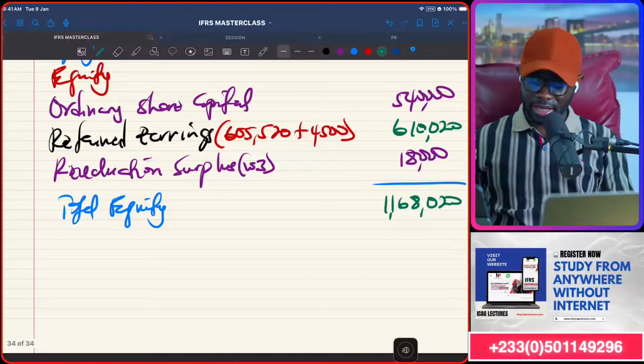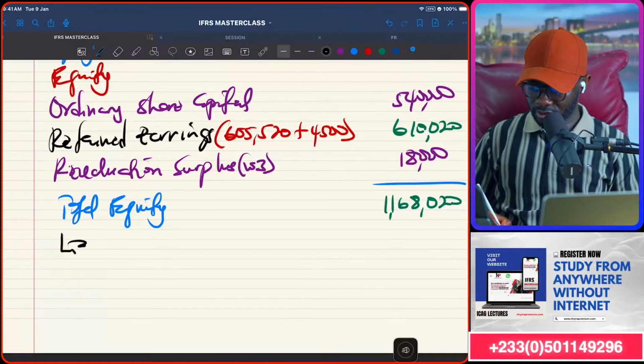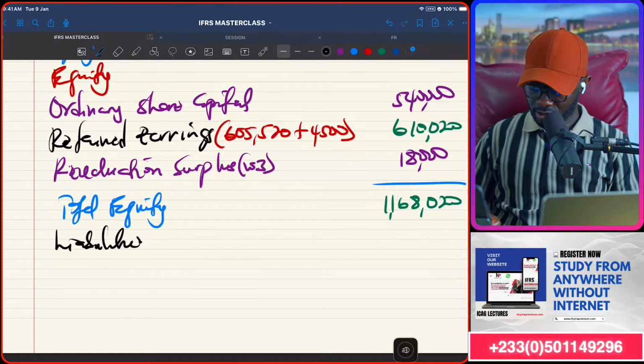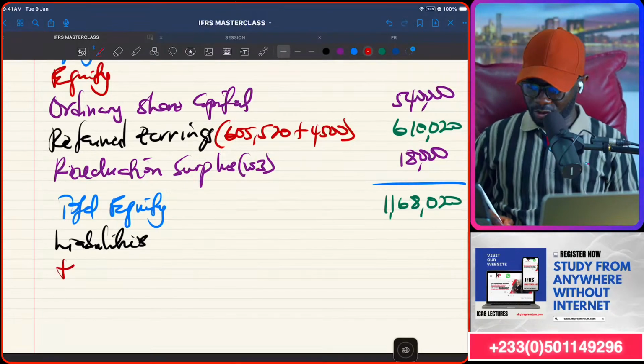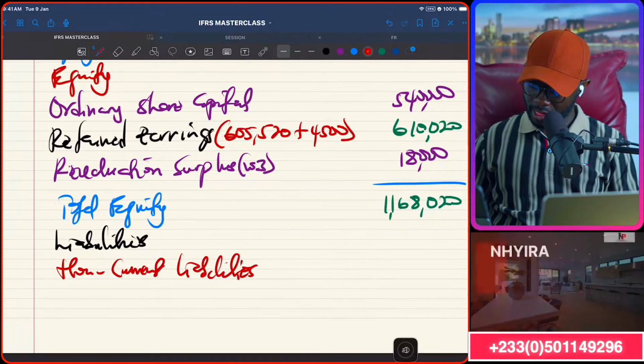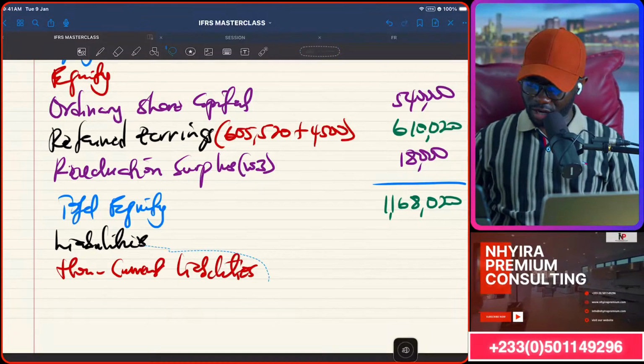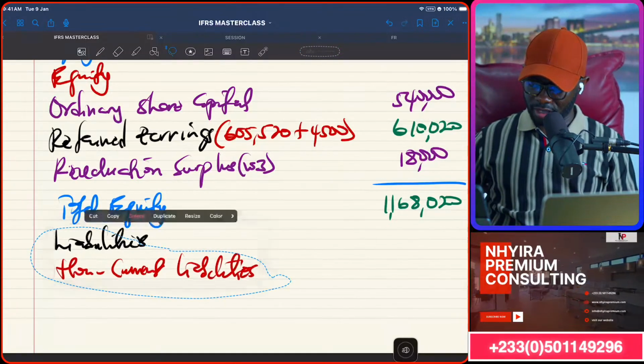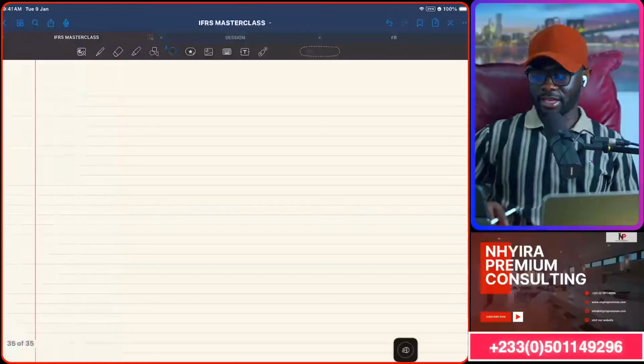Then we bring in the liabilities. Under liabilities, we're going to have non-current liabilities. From the look of things, I would have to continue with my liabilities on the next slide.